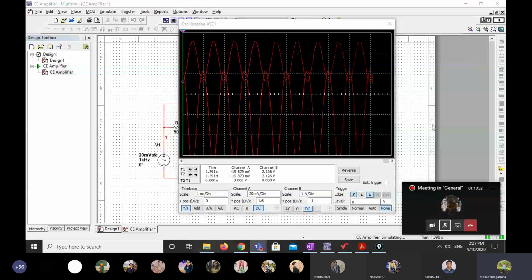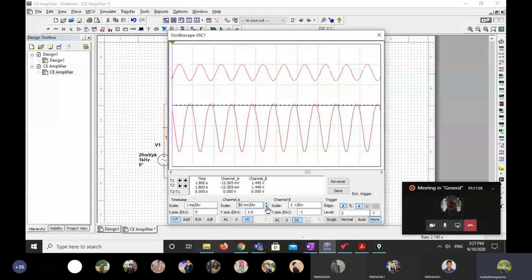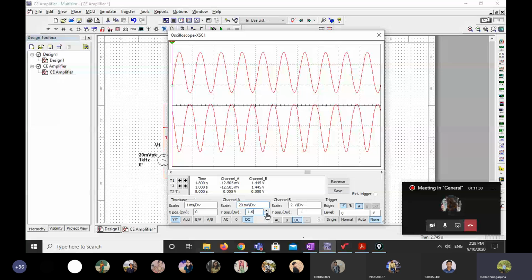This is my result. Channel A is the input, the top one, and the bottom one is the output.